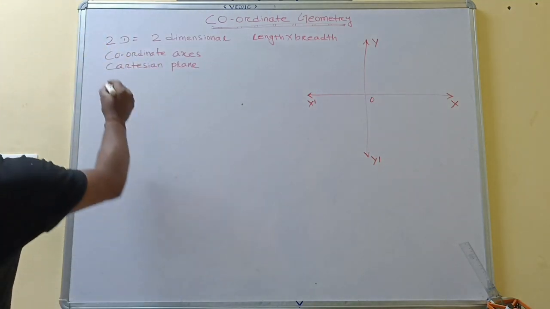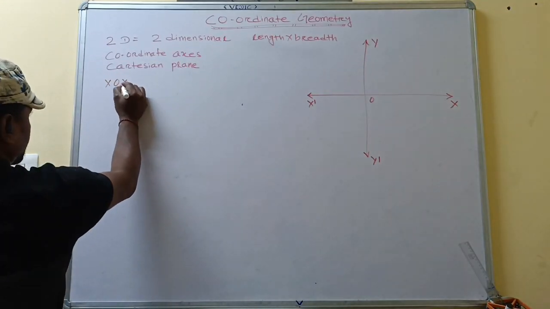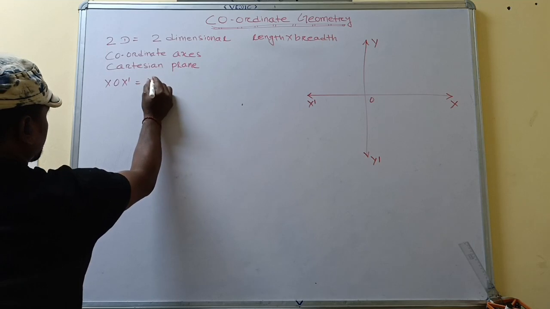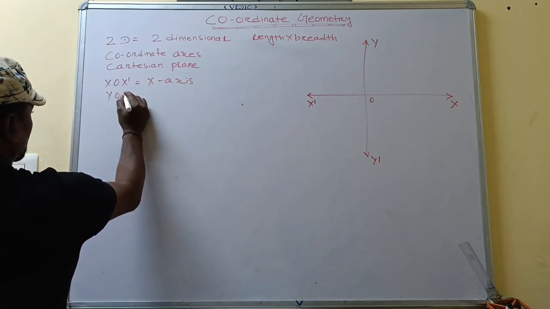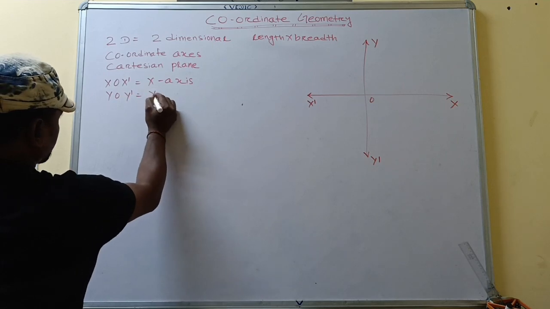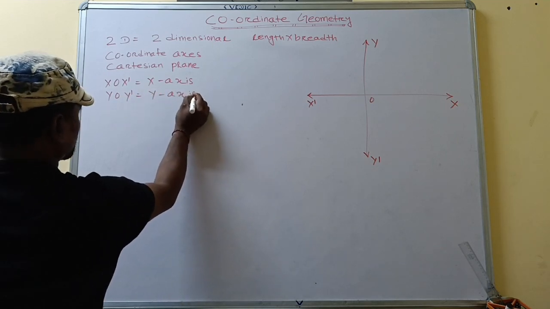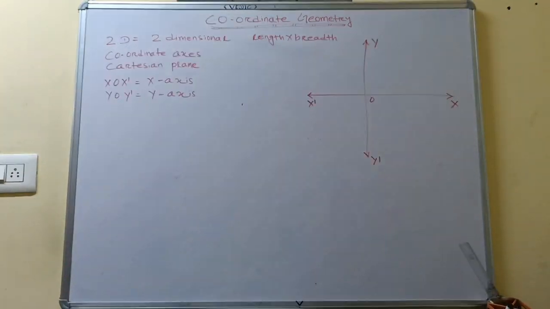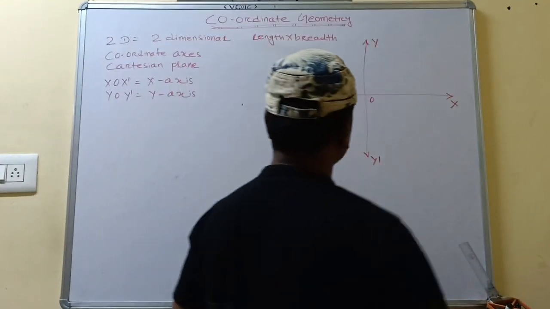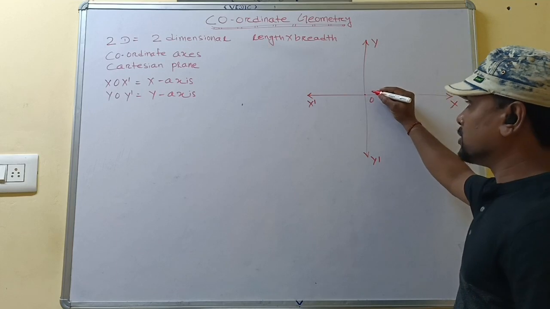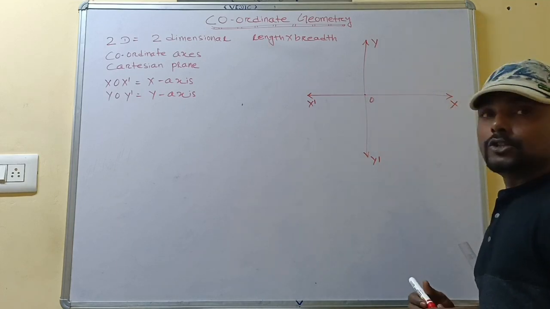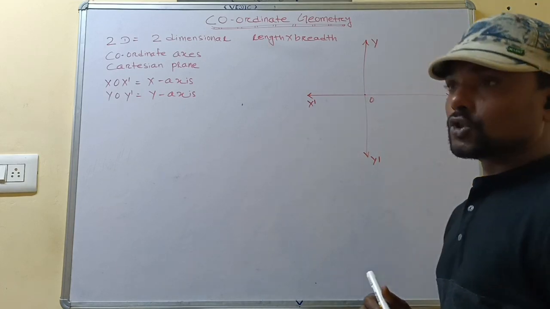Here X O X dash, we can say it is the x axis, and Y O Y dash, we can say it is the y axis. And here the x axis and y axis intersect perpendicularly at point O, which is known as the origin.